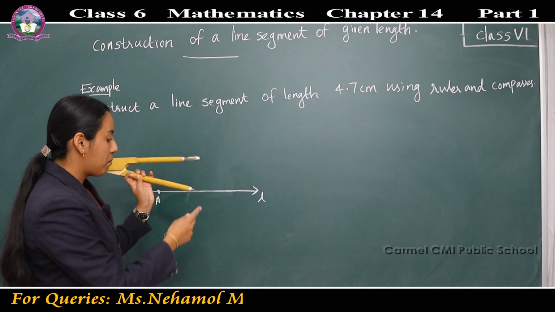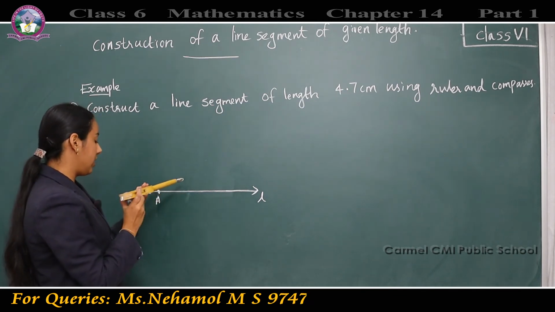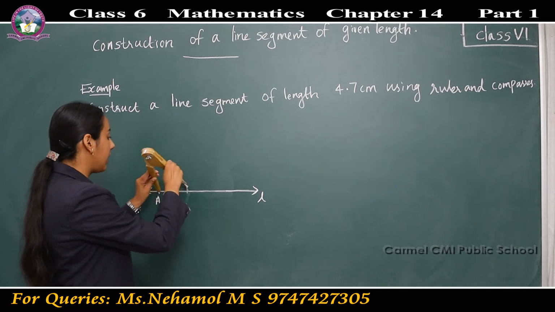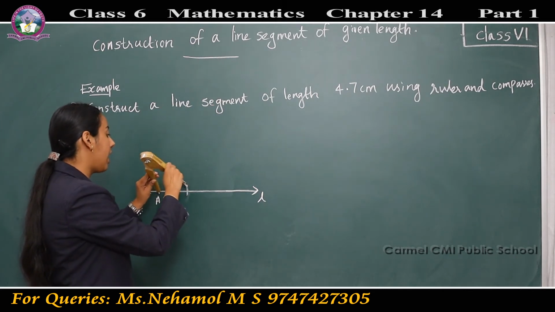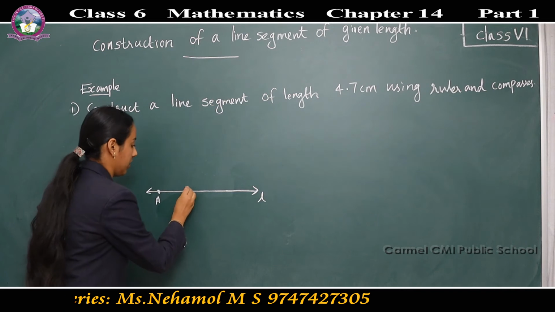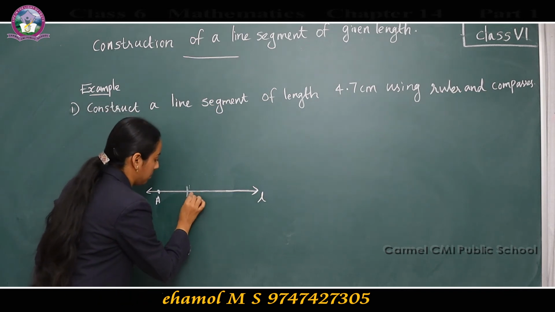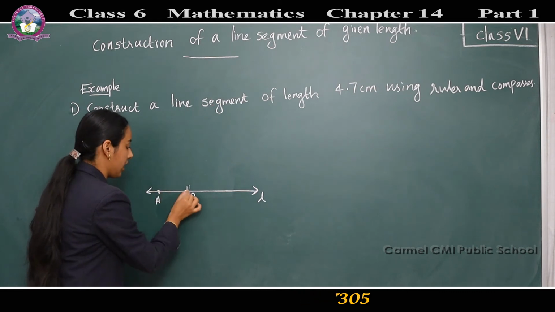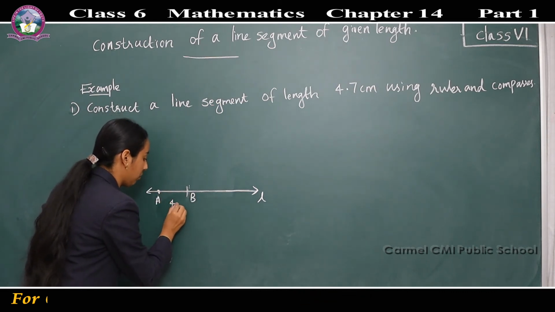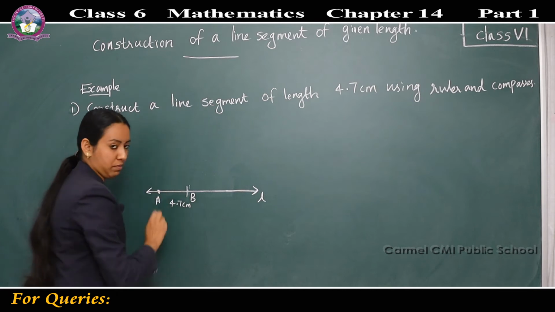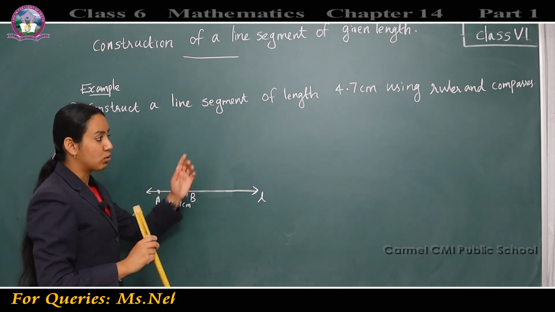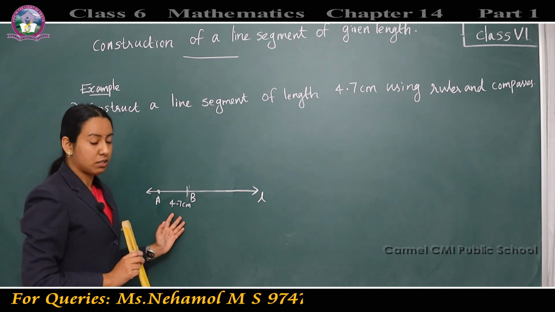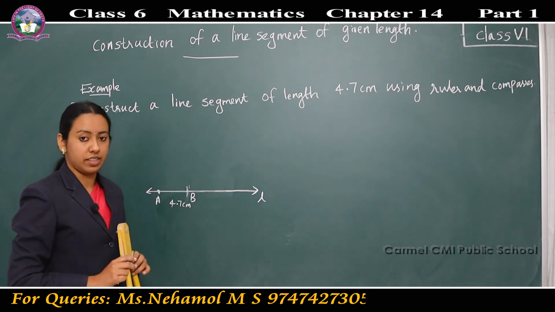Now place the pointer at A and draw an arc cutting the line L at B. This point B. Now line segment AB is 4.7 centimeter. This way, using ruler and compasses, we can draw a line segment of given length.